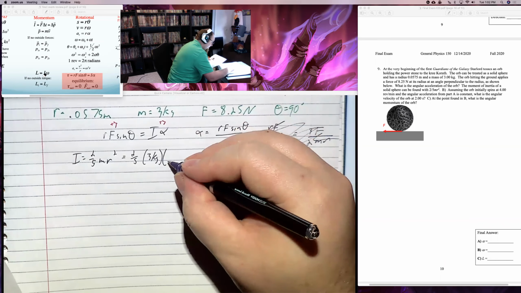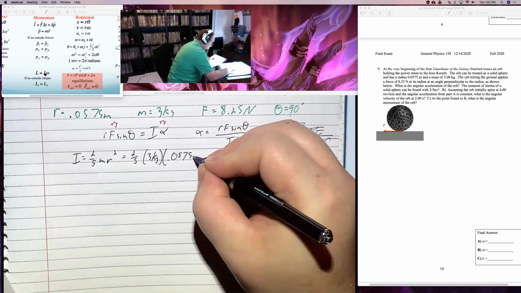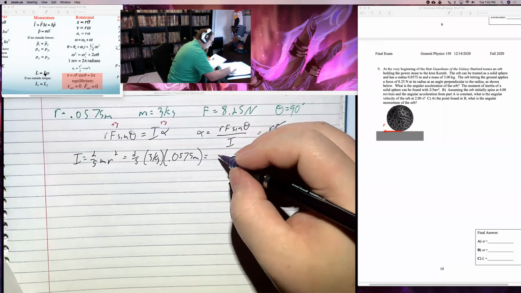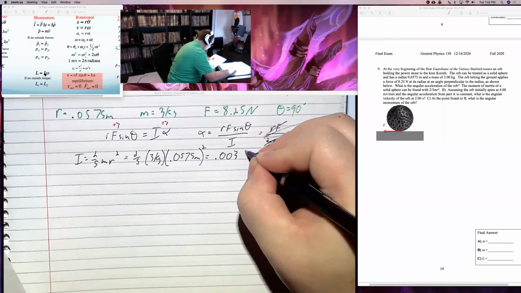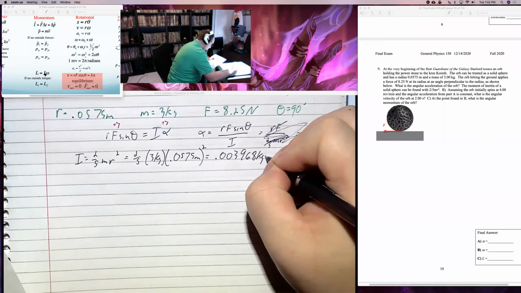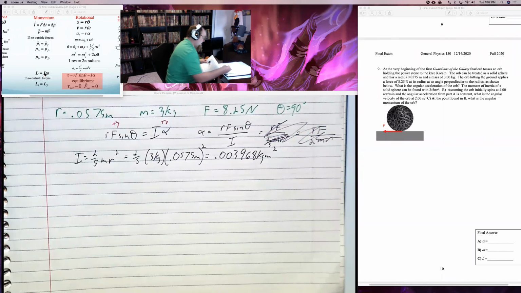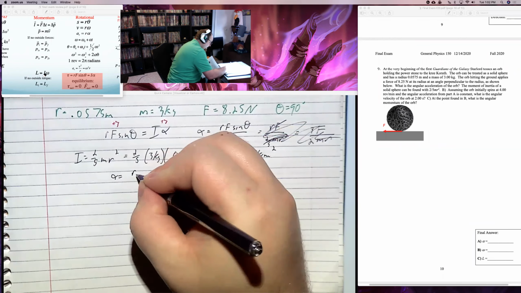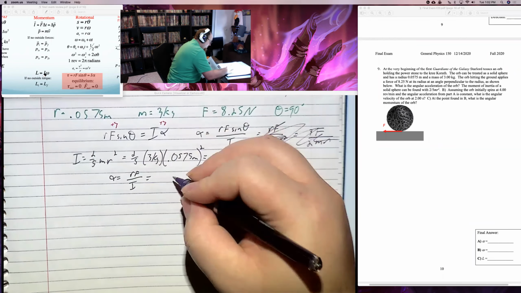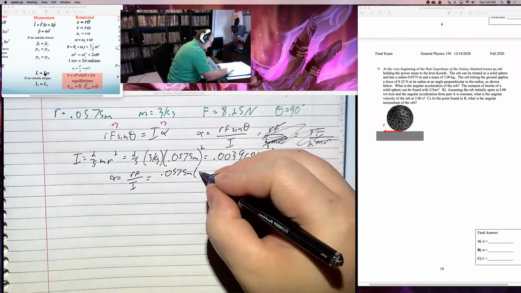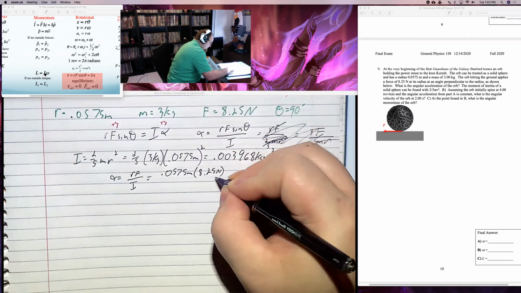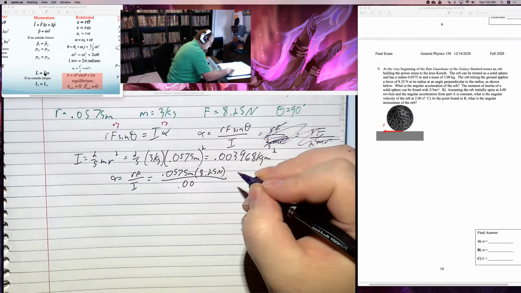I'm getting ahead of myself, but I'm going to need the I later on, so I might as well just get it. And so alpha is F over I, or 0.0575 meters times 8.25 newtons over I.